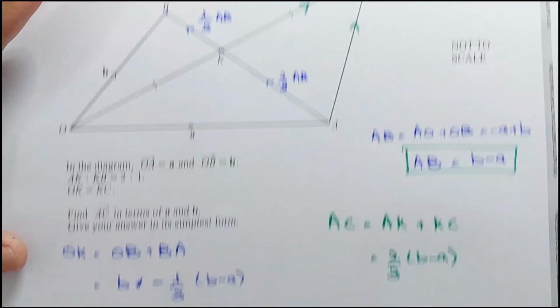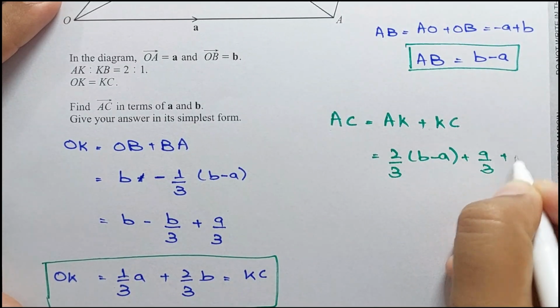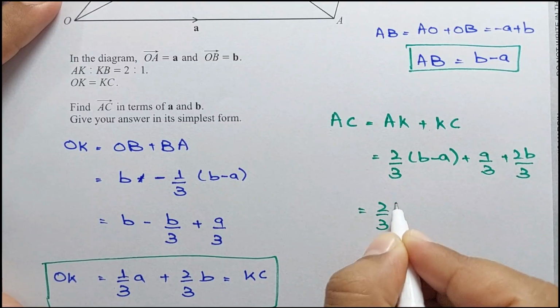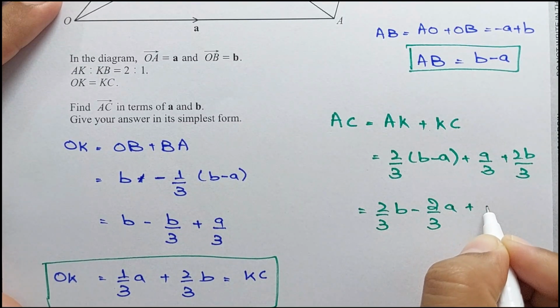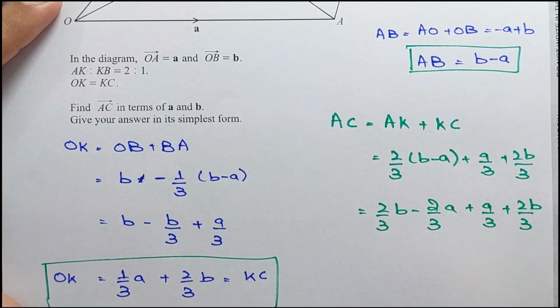And KC is the same as OK, which is a over 3 plus 2 by 3 b. Let me open this. 2 by 3 b minus 2 by 3 a plus a over 3 plus 2 by 3 b.